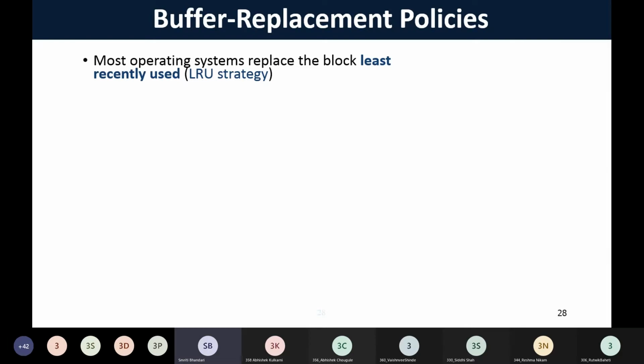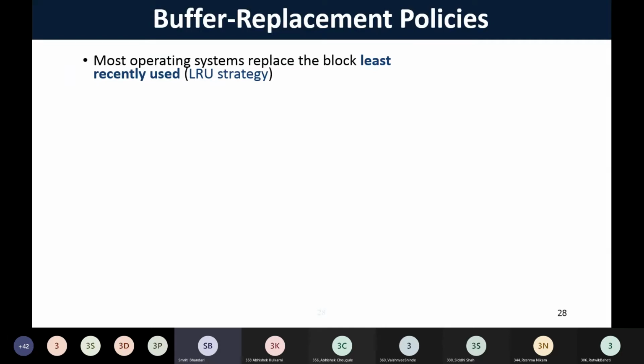The assumption generally made by operating systems is that blocks that have been referenced recently are likely to be referenced again.